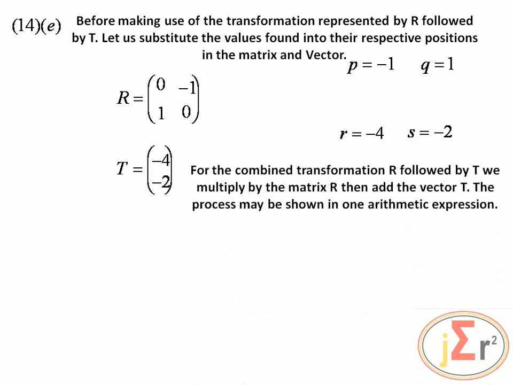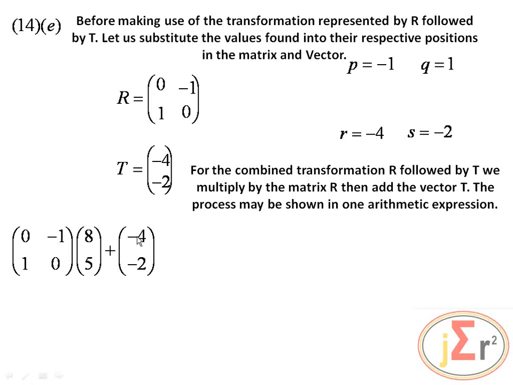So for the combined transformation R followed by T, we may multiply by the matrix R, then add the vector T. The process may be shown in one arithmetic process, like so. So there we have 0, negative 1, 1, 0, and we are transforming the point 8, 5. So we write down the position vector of the point 8, 5.